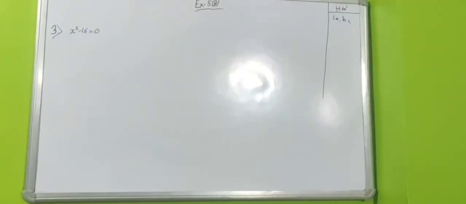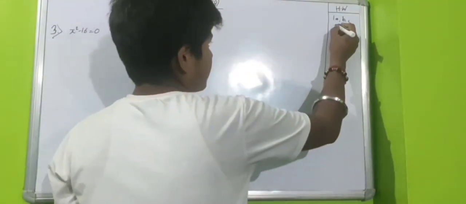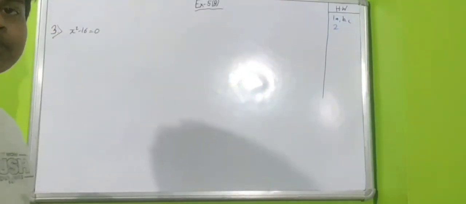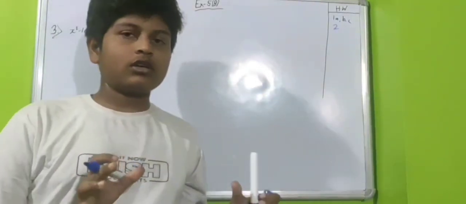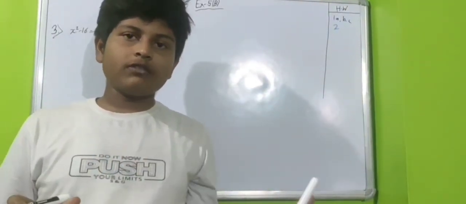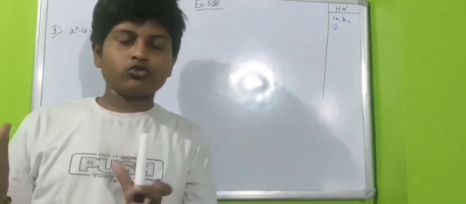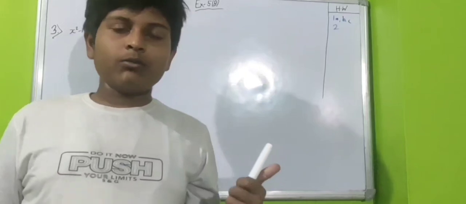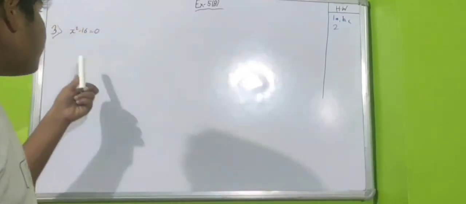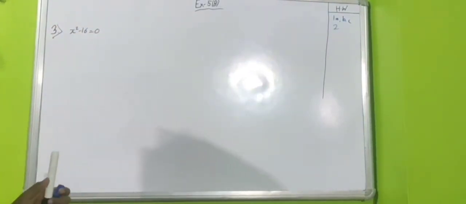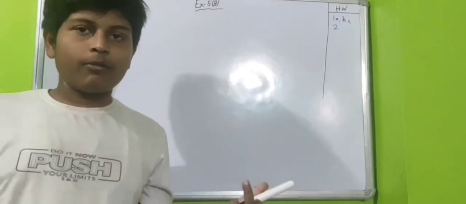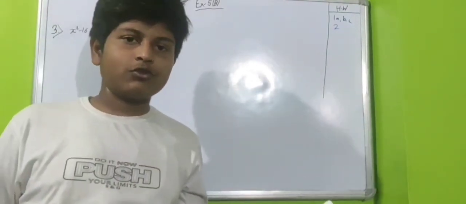So friends, in this question number 2 is homework. In this chapter, the questions which look a bit complex are solved easily, but the ones which are very short are a bit more tricky. So I am solving that type of question, like x square minus 16. It is short but a bit complex, and some students may get confused.